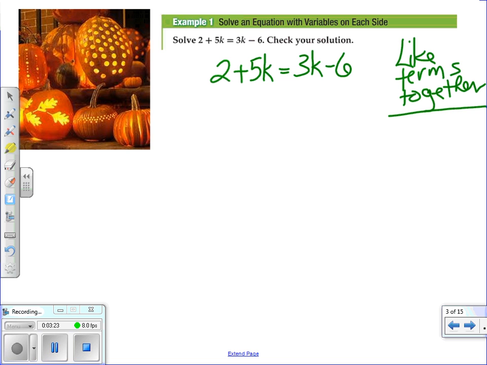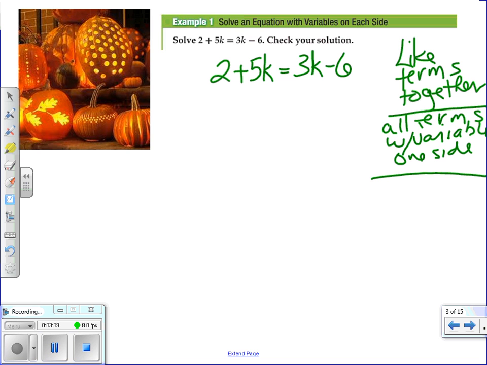That means we're going to have all terms with variables on one side, and all terms with just numbers on the other side.